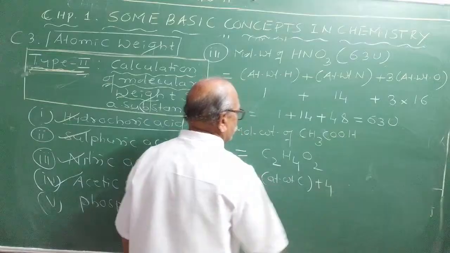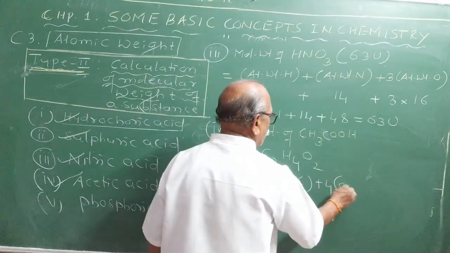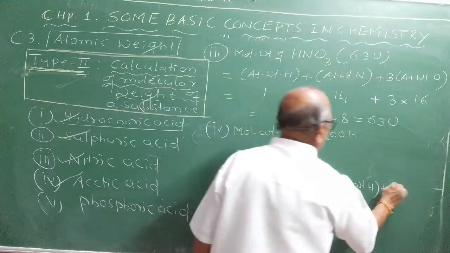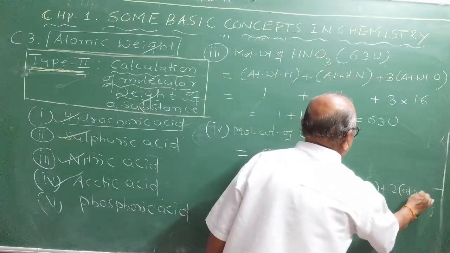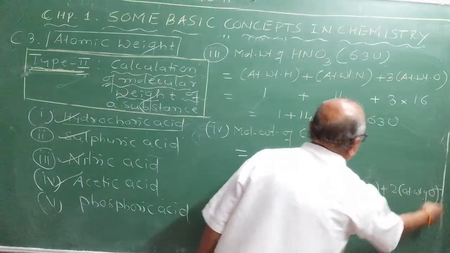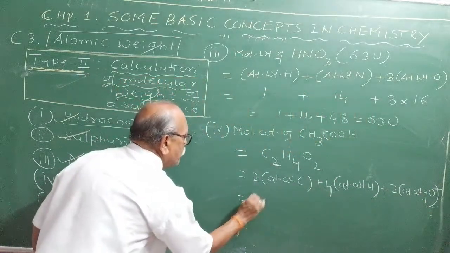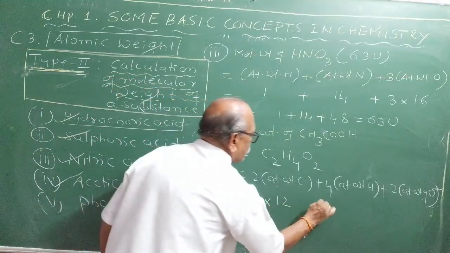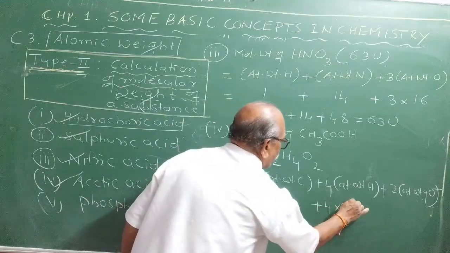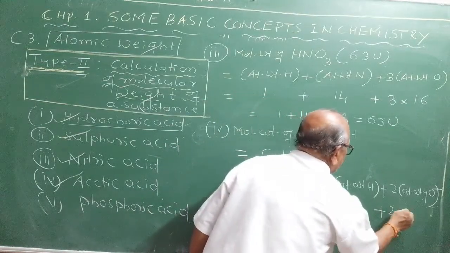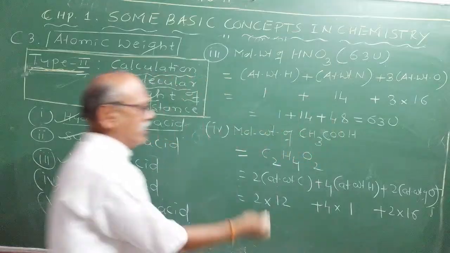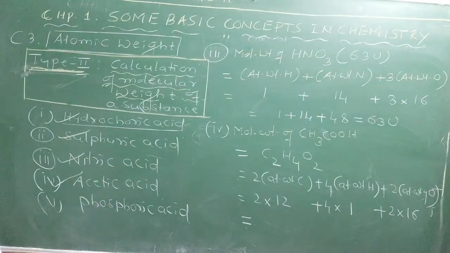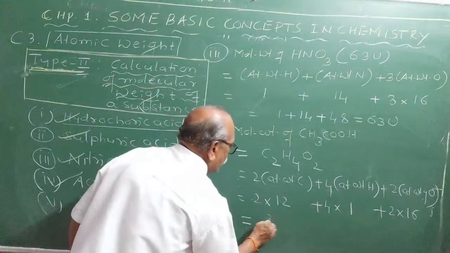plus how many hydrogen atoms are there? 4 times atomic weight of hydrogen, plus 2 times atomic weight of oxygen. Learn clearly. 2 into the atomic weight of carbon, which I just gave you as 12, plus 4 times atomic weight of hydrogen which is 1, plus 2 times atomic weight of oxygen which is 16. 12 twos are 24.